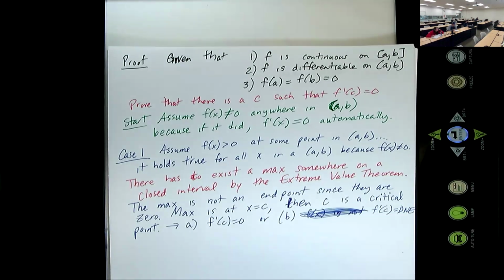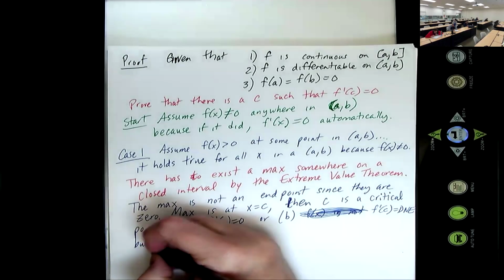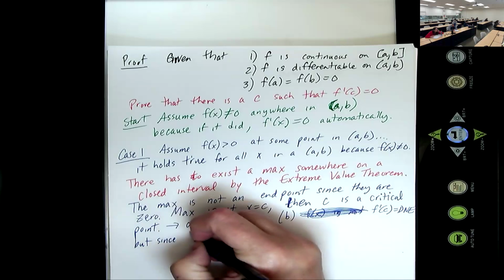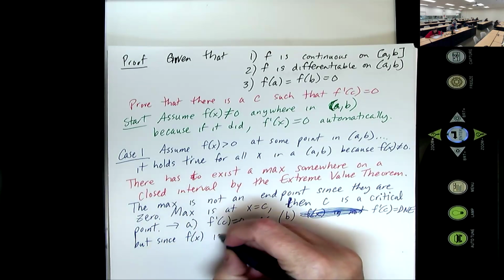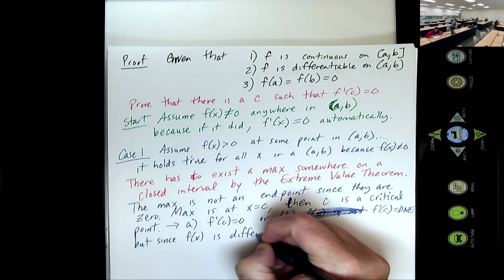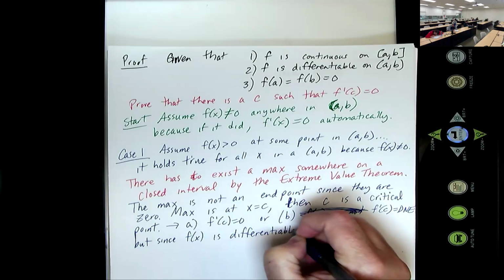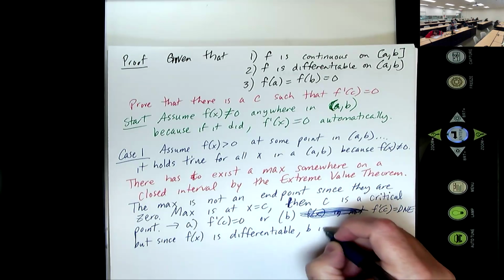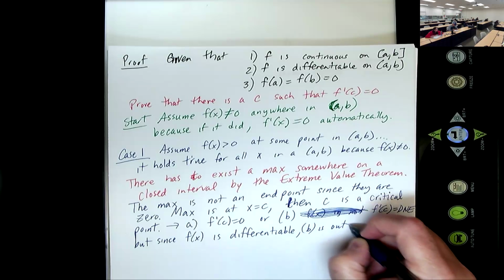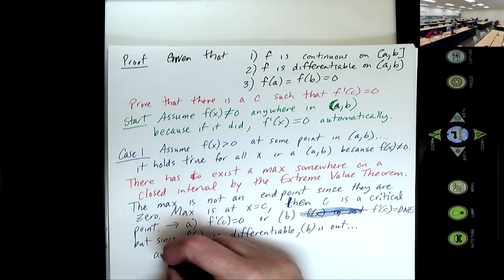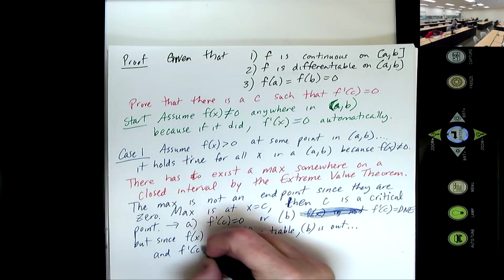That would be option B, like there's a cusp. But since f is differentiable, B is out. And f prime of C equals 0.